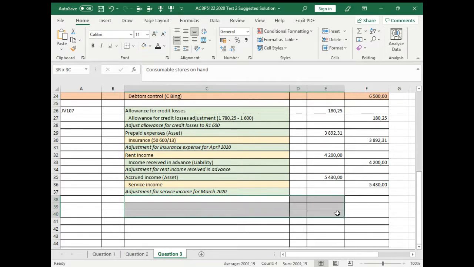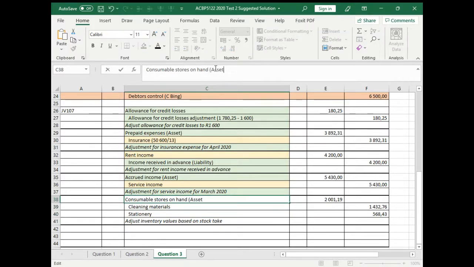So if we look at the first entry, the consumable stores on hand, you take the cleaning materials amount that they've given to you, which is the 1,432 Rand. You go credit it. So you reduce the expense with that amount. The same with the stationery. You reduce it with the 568 Rand. And then you sum that together and you create an asset account.